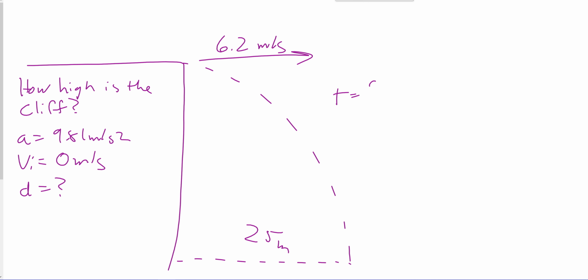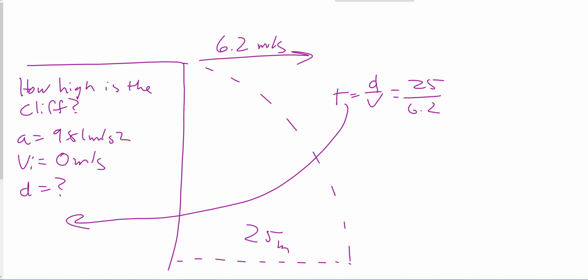Time is going to equal D over V, so 25 divided by 6.2. We'll take that time and put it here, and then we can use D equals VI times T plus 1/2 AT squared. This will be 0, so basically it's just 1/2 times 9.81 times whatever that time comes out to, and that'll be the height of the cliff.